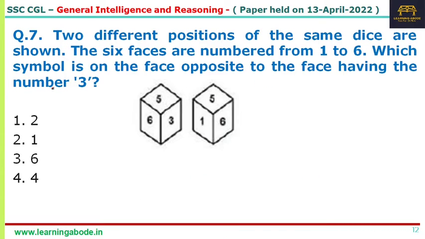Now the seventh question, you have a dice. They have given two different positions of the same dice. We are supposed to find out which face will come opposite to 3. Luckily for us, 5 is on the top here, and here also 5 is on the top. 6 is on our left in the first image, and in the second image, 6 is on our right.